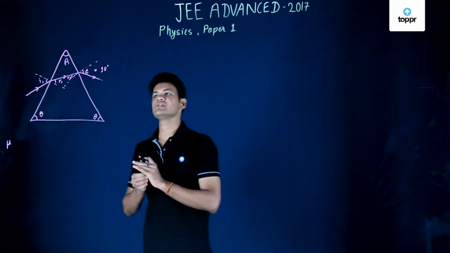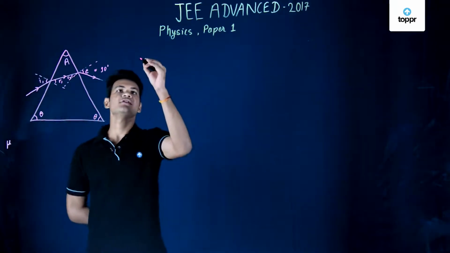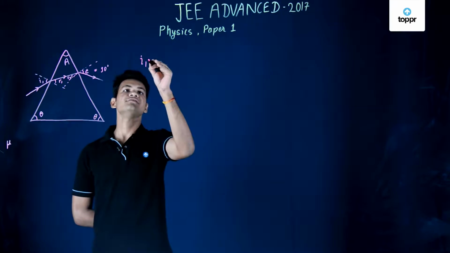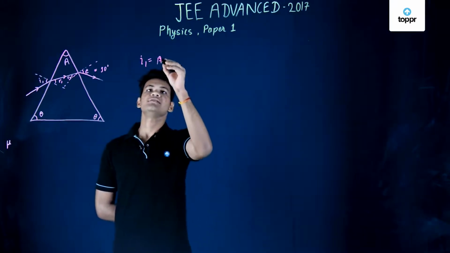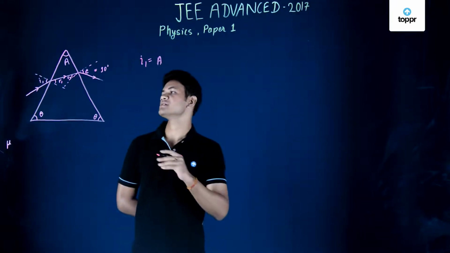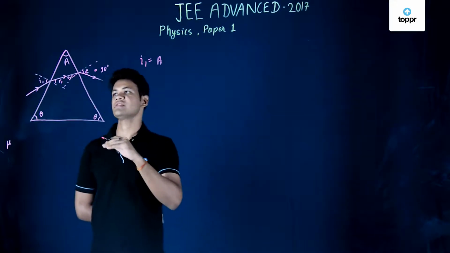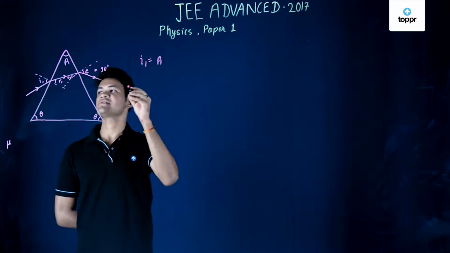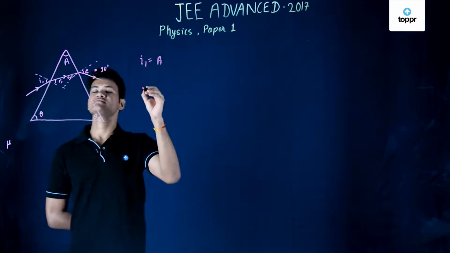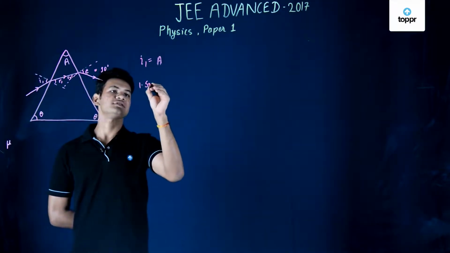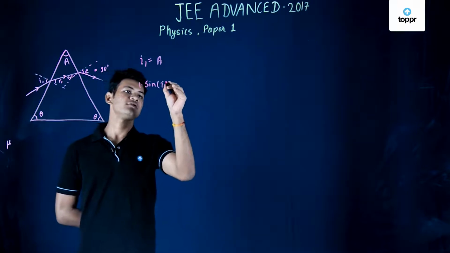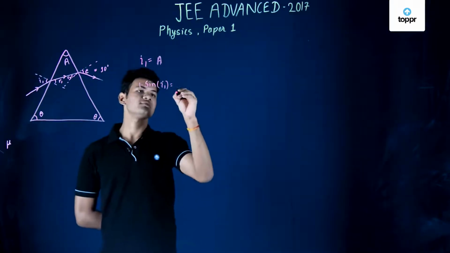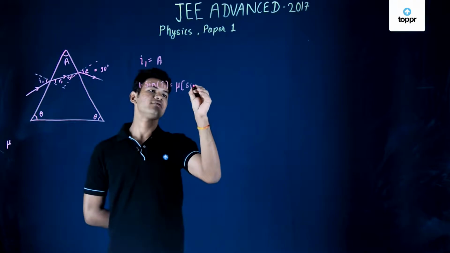So in the fourth option, we just need to find out whether, for a given incidence angle I1 equal to A, the refracted ray comes parallel to the base or not. So let's apply Snell's law for the first refraction, which is 1 times sine of I1 is equal to mu times sine of R1.